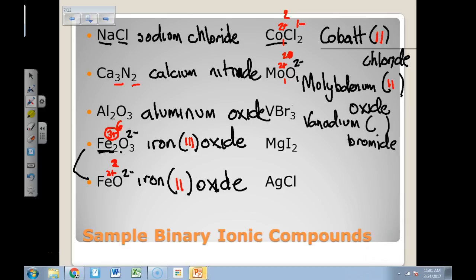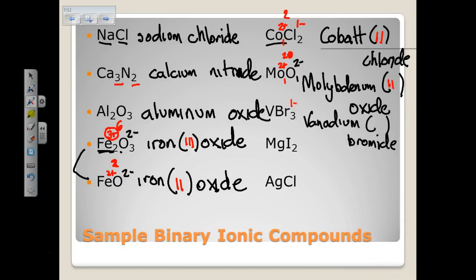Bromine is always a 1- charge. There's 3 total of them. So 3 at a 1- charge each is a total of 3 charges. Now there's only one vanadium, so the vanadium has to have a 3+ charge, so this is going to be vanadium 3 bromide.